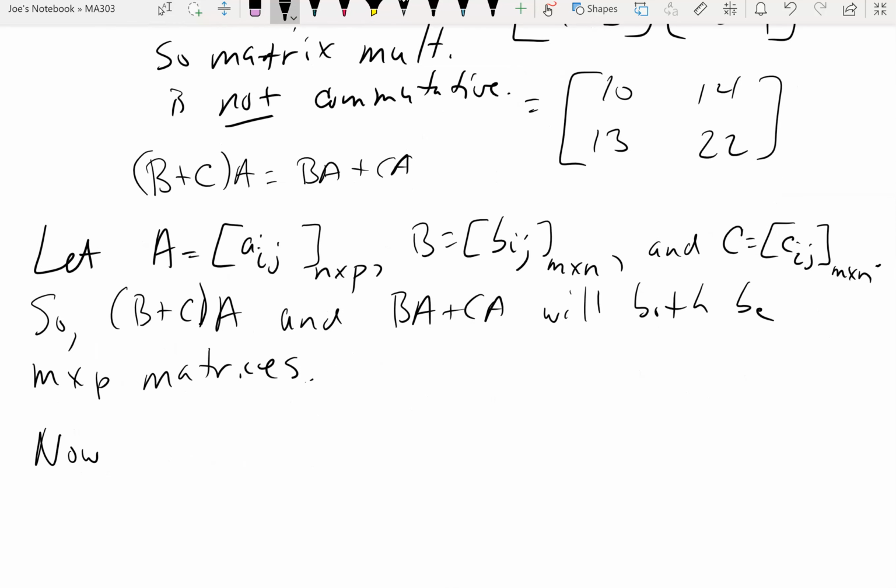All right, so let's start with inside the parentheses. You already told me that when I add B plus C, we get an M by N matrix.